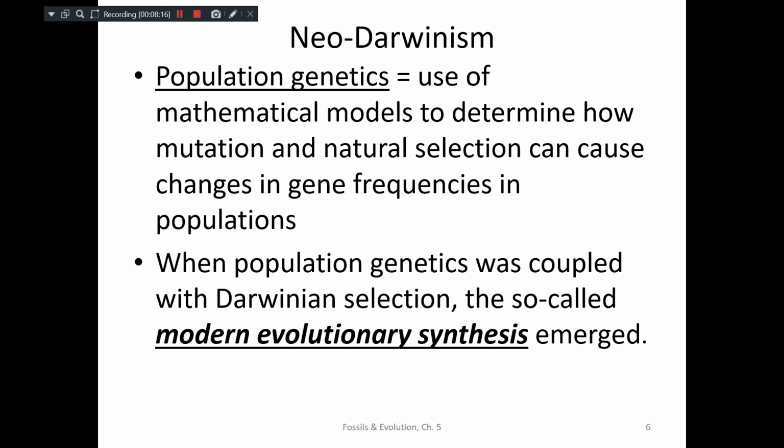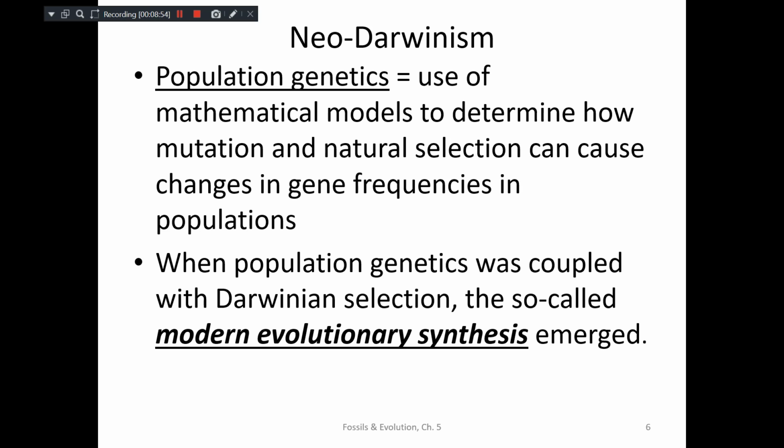What happened was that many statisticians started using mathematical models to determine how mutation and natural selection can change the gene frequencies in a population. It's more theoretical; mathematicians are always theoreticians. So, how mutation and natural selection together can cause change in the genetic frequencies of a population.